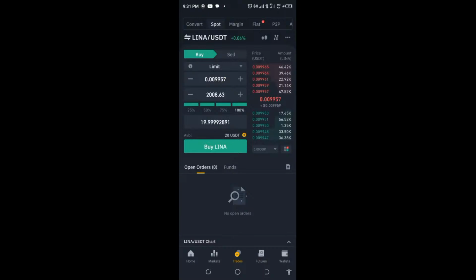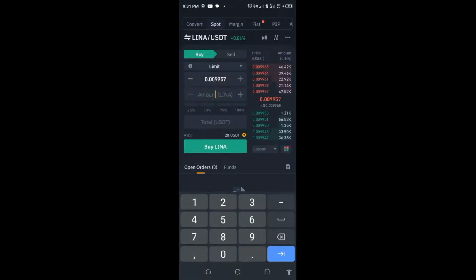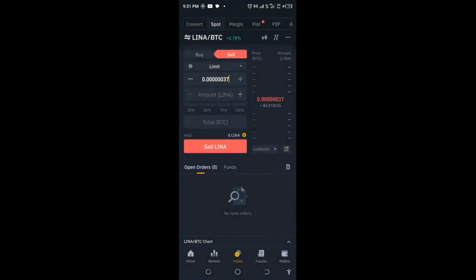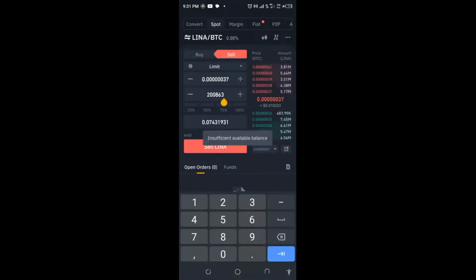So let's do this, okay? So what we have here is 2008.63. Let me copy that. And then I'll go over to BTC and try to see if I could sell this. Let me tell you that Lena doesn't recognize that decimal point. So what we have here now is 0.000742.